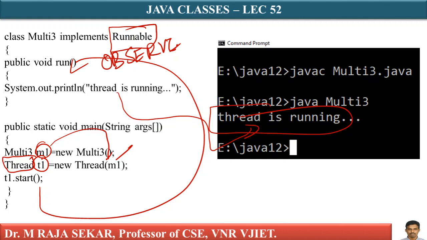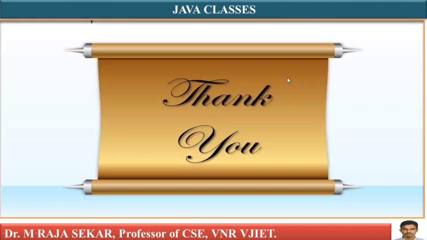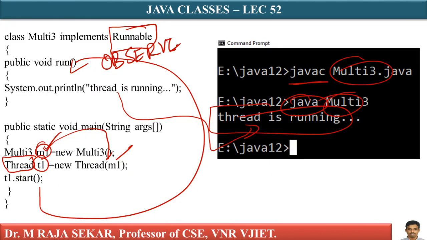Multi3 is a class whose object is m1. To pass this particular object, I need a thread class object. How can I compile? javac multi3.java. How can I run? It is a simple and straightforward program, of course a little bit tricky. So just try to understand this program.